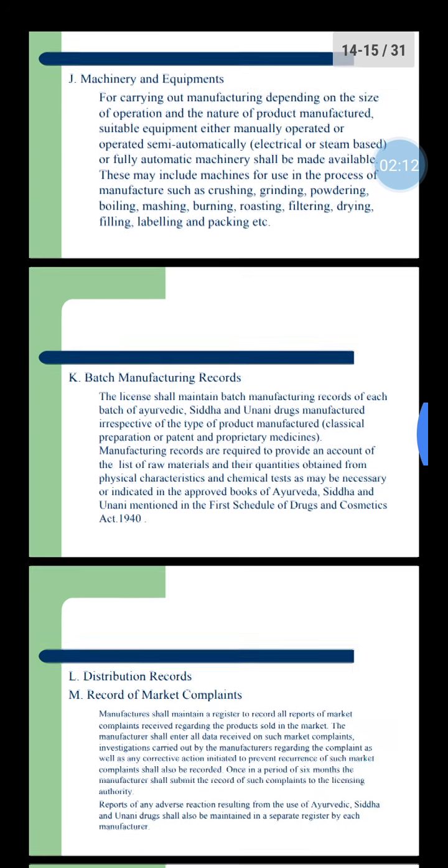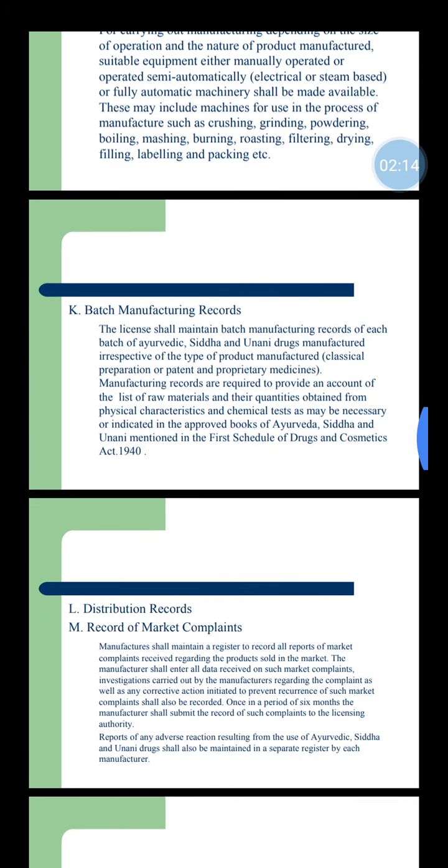The next is the batch manufacturing record, which is very important. The licensee shall maintain a batch manufacturing record of each batch of Ayurvedic, Siddha and Unani drugs manufactured, irrespective of the type of product manufactured, whether classical preparation, plant, patent or proprietary medicine.